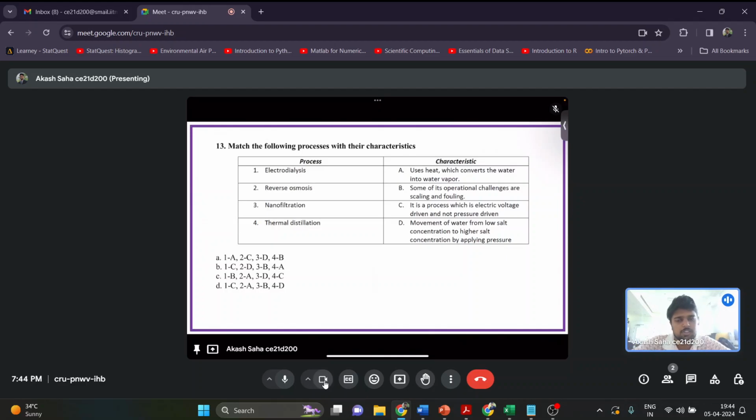Then option 3, nanofiltration, is challenged by scaling and fouling, so it's matched with B. Then thermal distillation is a process which uses heat and converts the water into water vapor. So the correct option here is option B, 1C, 2D, 3B and 4A. Okay, so this was about question number 13.